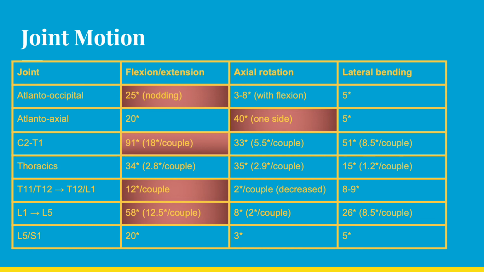And then atlantoaxial, with the dens, obviously that's going to be rotation. So just go through these, use your body, try out all these motions, and see if the way that you move matches up with the way you're supposed to move. Hopefully this chart is helpful, but rather than just preaching numbers at you, I think a lot of it makes sense. Go through the motions, you'll be totally fine, and then trust yourself in the exam.